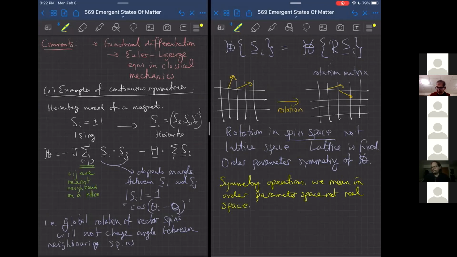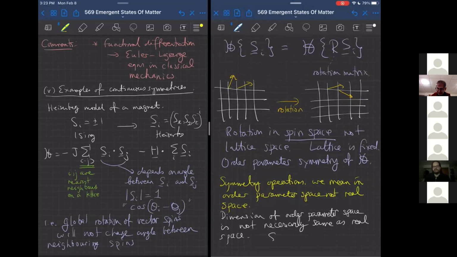And then the last point is that the dimension of the order parameter space is not necessarily the same as the real space dimension.